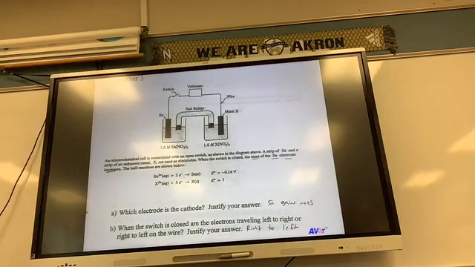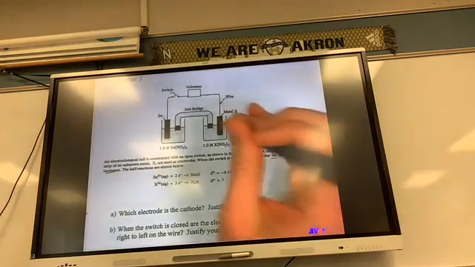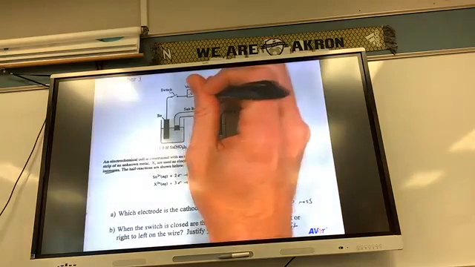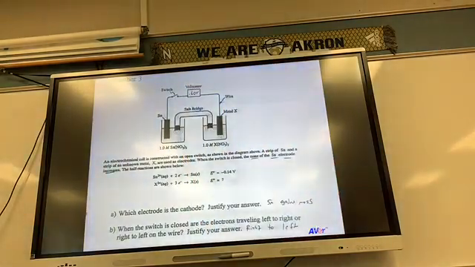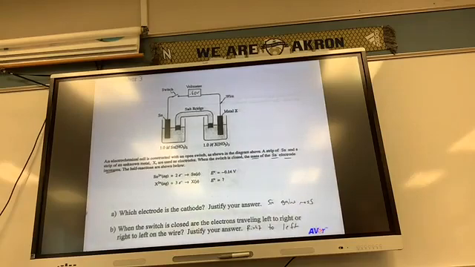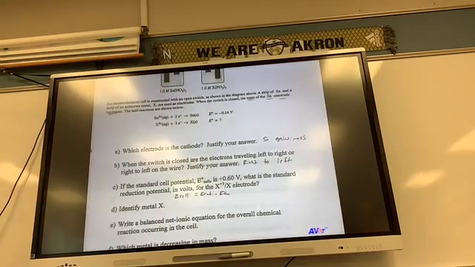All right. If the standard cell potential is 0.60 volts, I'm going to write that here. What is the standard reduction potential in volts for the X plus 3 X electrode? I know that E cell equals E cathode minus E anode.